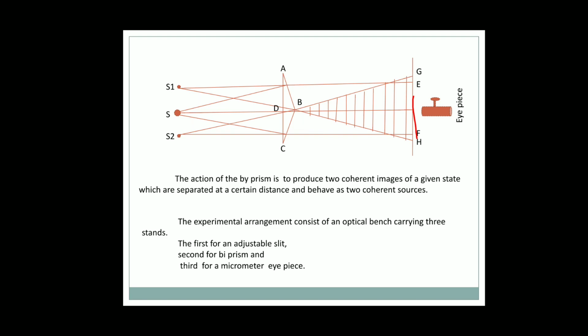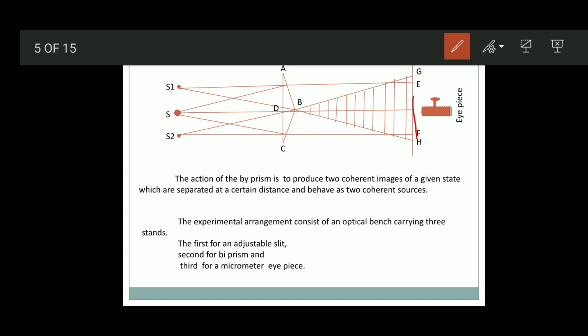This Fresnel biprism experiment consists of an optical bench carrying three stands: one for an adjustable slit, the second for the biprism, and the third for the telescope eyepiece or micrometer eyepiece.